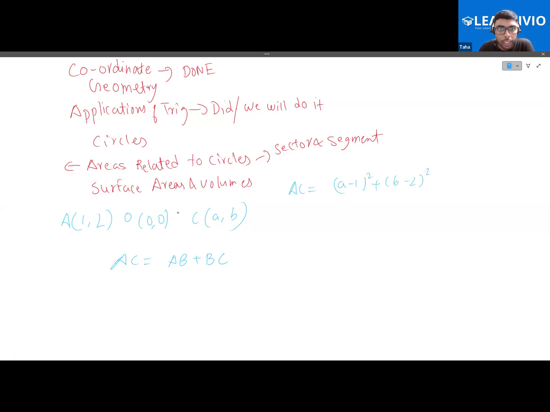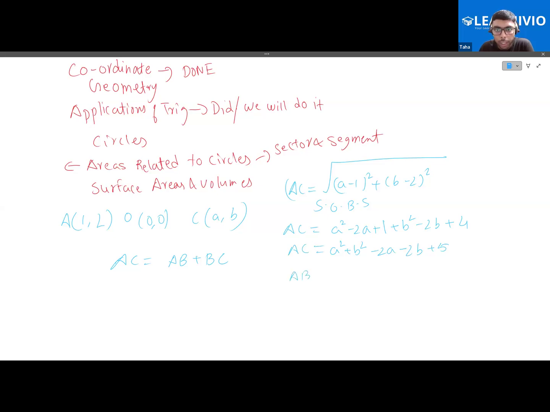When we are writing this, let us take the squares of the sides first, instead of the whole root. I would take squaring on both sides, so that would remove the root. So AC would become A square minus 2A plus 1 plus B square minus 2B plus 4. So this would become A square plus B square minus 2A minus 2B plus 5. This is where we are for AC.